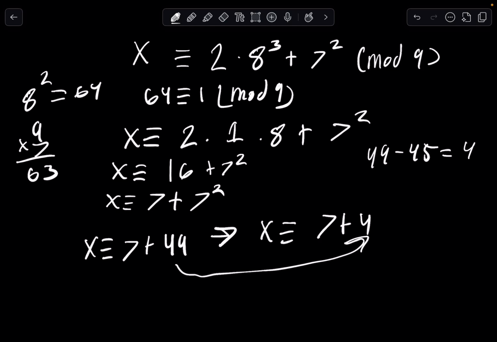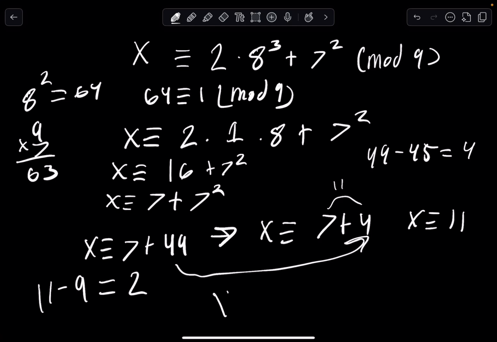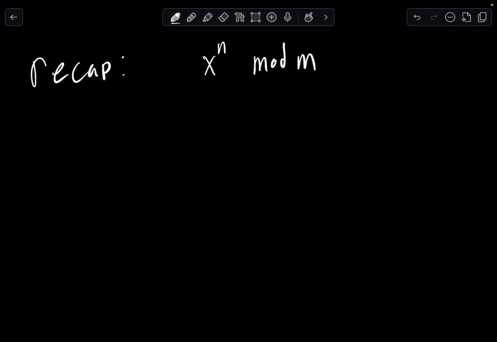So we have a remainder of 4. And then we get x is congruent to 7 plus 4 equals 11. So x is congruent to 11. Okay. And 11 in mod 9 is equivalent to 2, has a remainder of 2. So x is congruent to 2.